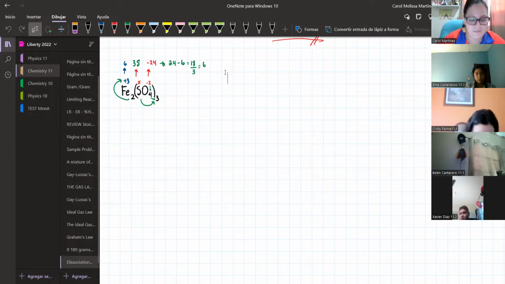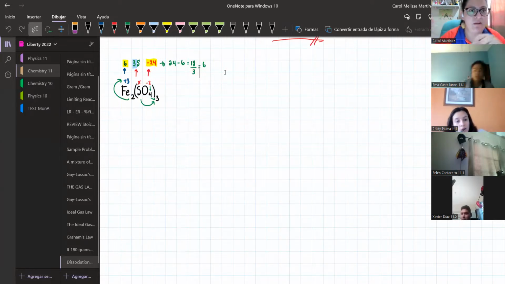How do I do this? To the 24 I got from oxygen, I subtract the iron. To the negative part, I subtract the positive part. And then I divide by the coefficient next to my unknown. So 24 minus 6 gives me 18. Then I divide by the coefficient of sulfur, that is 3. In total, it gives me 6.